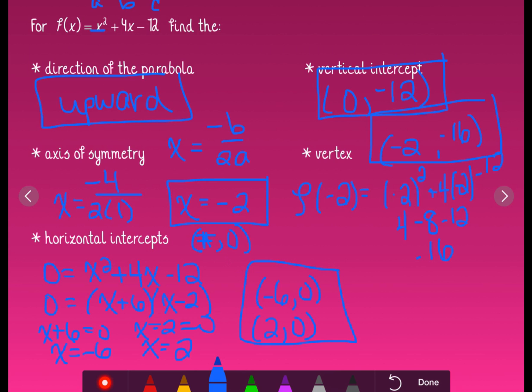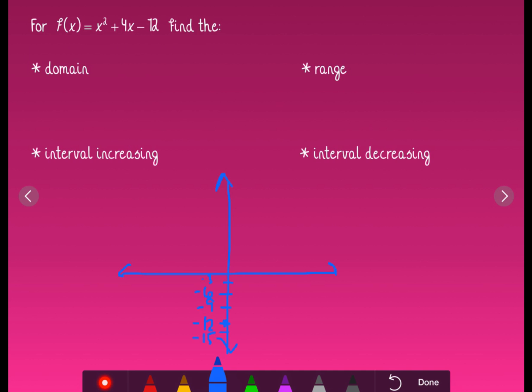I know that the axis of symmetry is at negative 2 and that the vertex is at negative 2, negative 16. So here's my axis of symmetry. And I have my vertex at negative 2, negative 16. I have intercepts at negative 6, 0 and 2, 0. So I can draw my parabola.